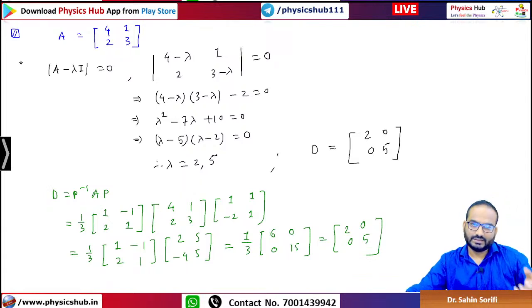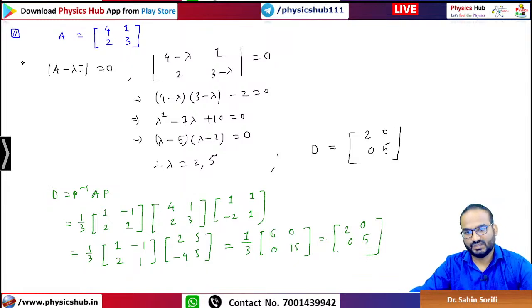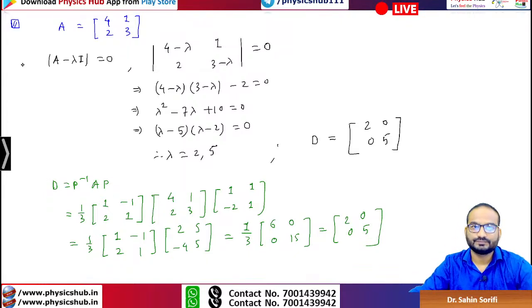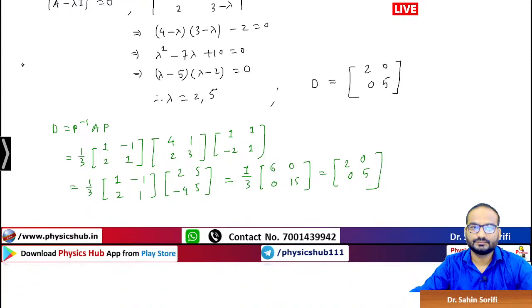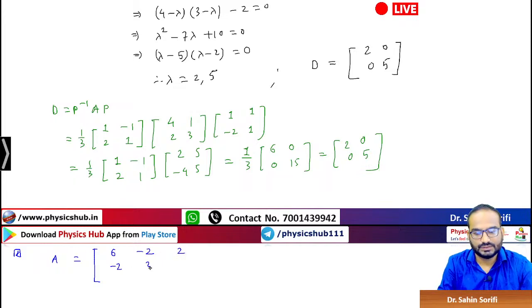Now let's take a 3 by 3 matrix, and see what will happen if two eigenvalues are equal. Let us take this matrix A, given by 6, minus 2, 2; minus 2, 3, minus 1; 2, minus 1, 3.